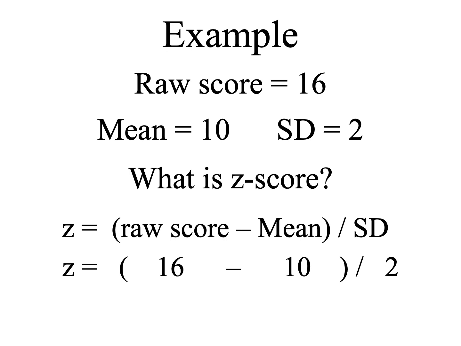So to find the z-score, we first subtract 16 minus 10, and then we divide by 2. 16 minus 10 is 6, so z is equal to 6 divided by 2. 6 divided by 2 is equal to 3, so the z-score is equal to 3. That's our answer. The z-score for the student is 3.